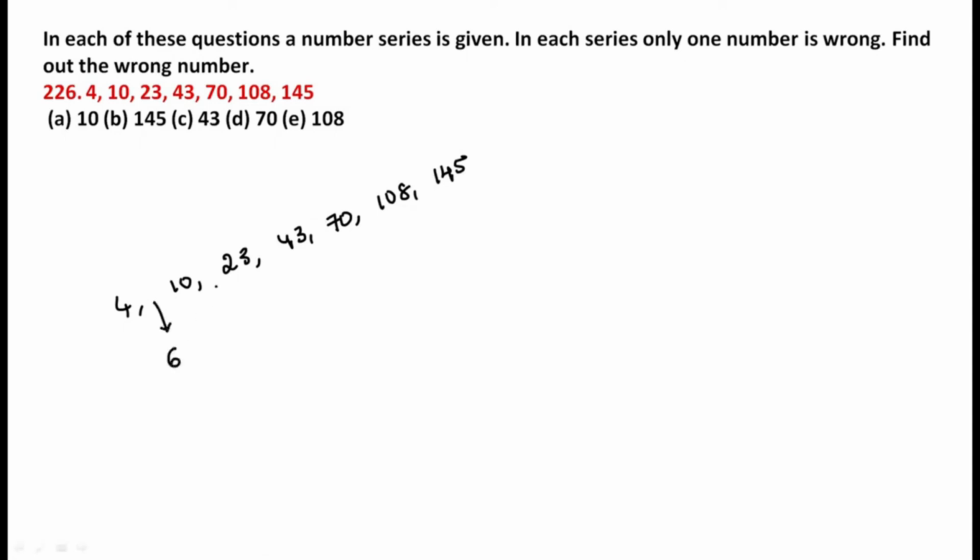Here the difference is 6, then 13, then 20, then 27, and here we require 34. Why? Because the common difference increases by 7 each time. Now instead of 108, we want 104. So instead of 104, they have given 108. That's the wrong number in the given series. That is the hint for you guys.